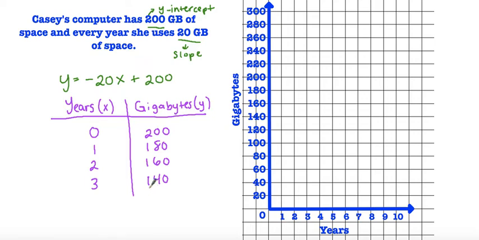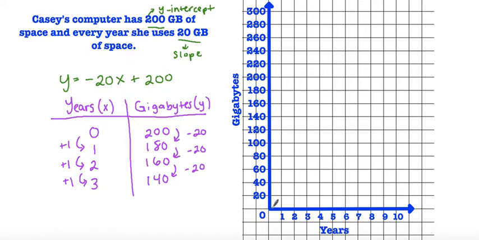Just be mindful that you could continue on with your table, even though I don't. Here, we're decreasing the y value by 20, because each year that passes, she's using 20 gigabytes of her computer.